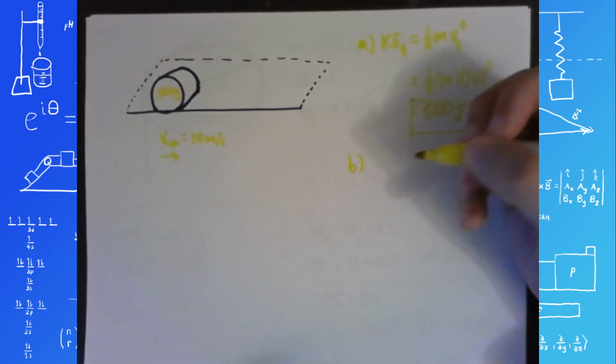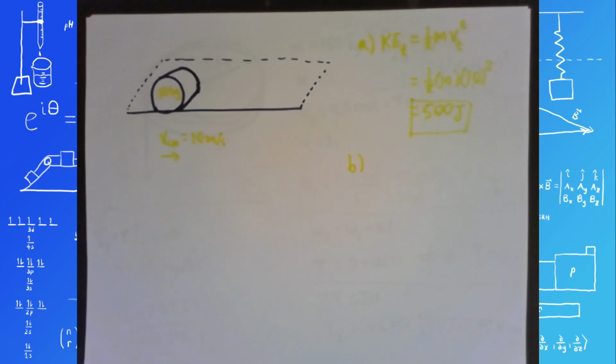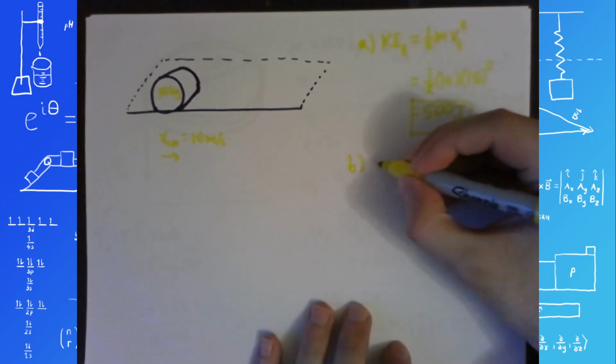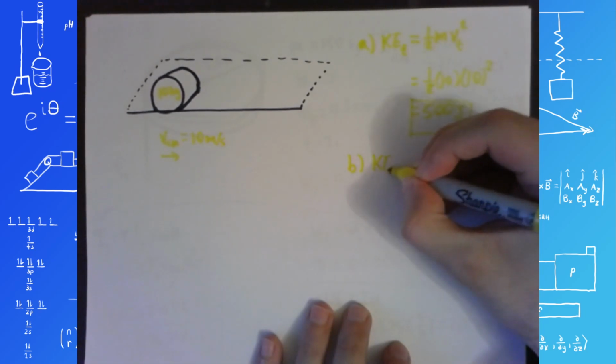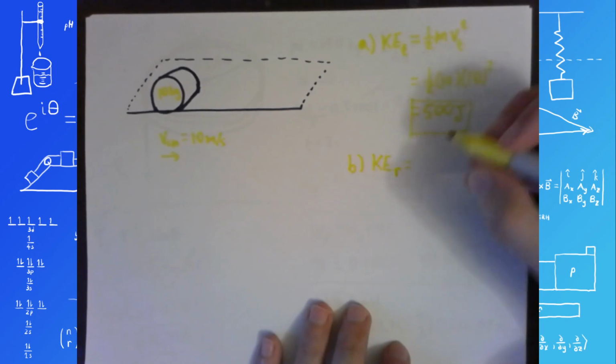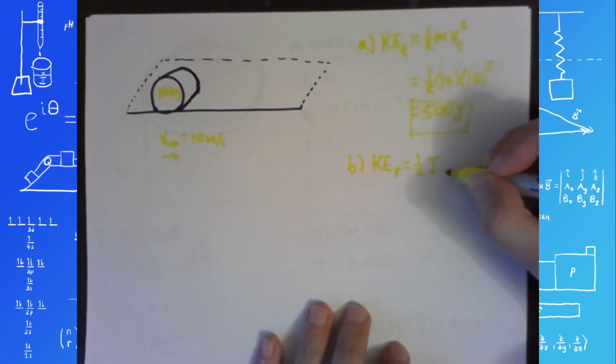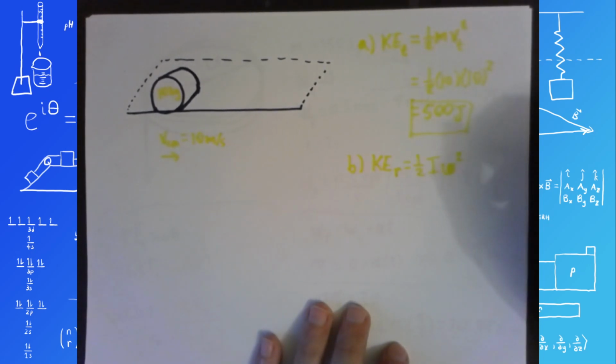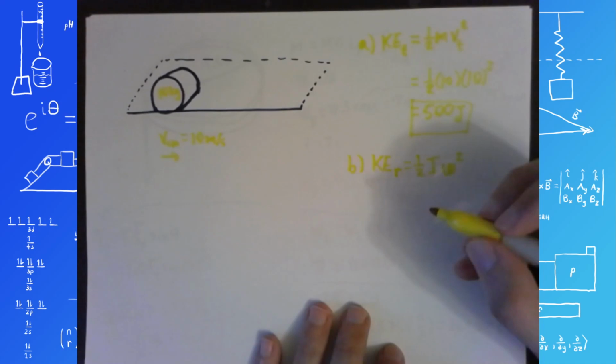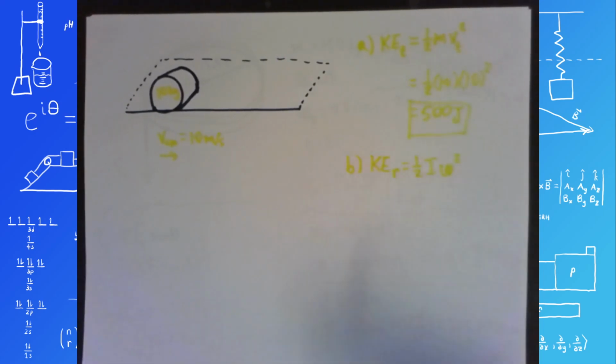Okay, part B is asking for the rotational kinetic energy. Kinetic energy rotational is equal to 1/2 moment of inertia times angular speed squared. The moment of inertia for a solid cylinder, we just had the formula in the previous problem.